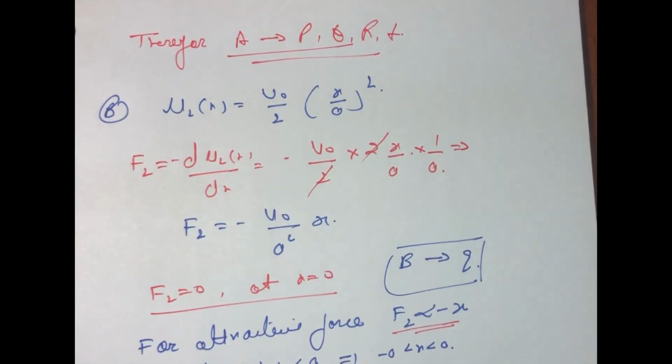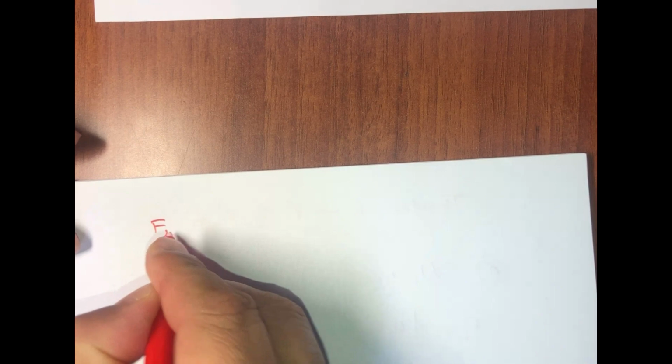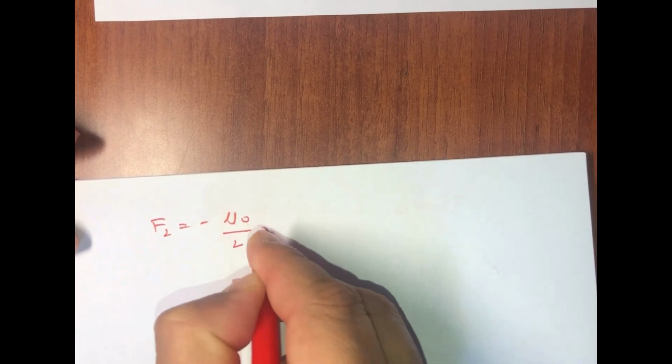Now let's check it for the last part. Once again we are going to find out its double derivative. So we already know that here it is, one second, yeah, F2 is equal to minus u0 upon 2 multiplied by x.